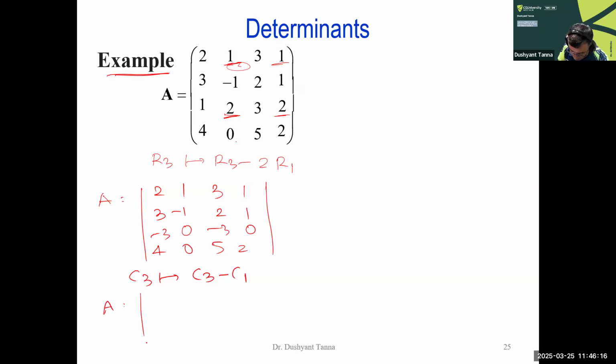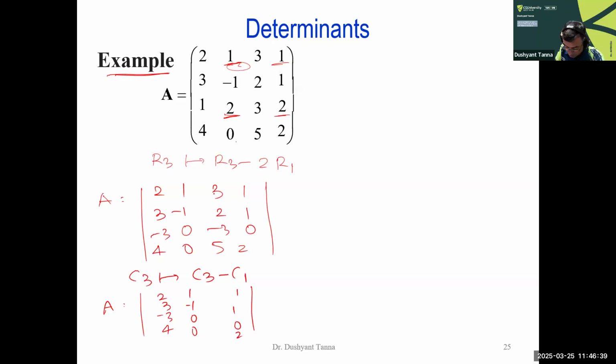So the new determinant A, what does not change? Column 1, 2, and 4. Copy them first. So 2, 3 minus 3, 4. 1 minus 1, 0, 0. 1, 1, 0, 2. I'm having C3 minus C1.